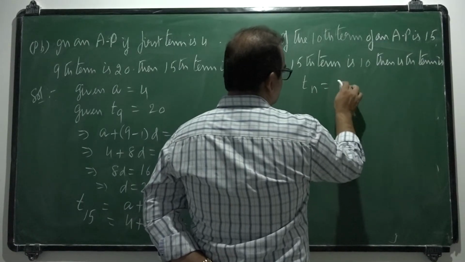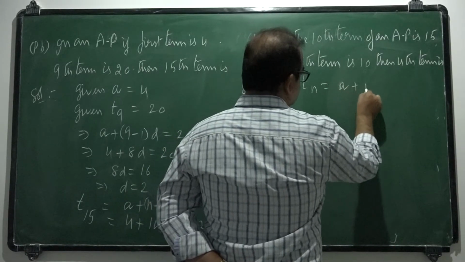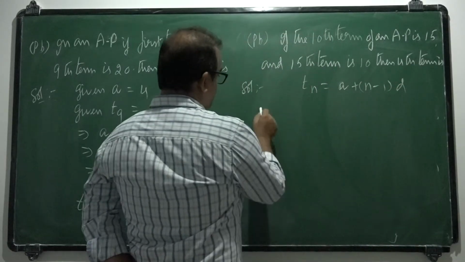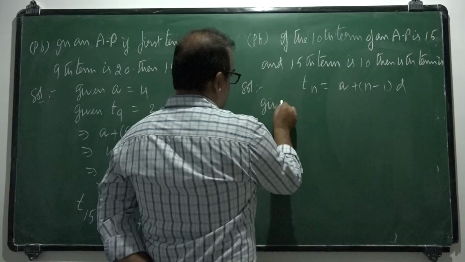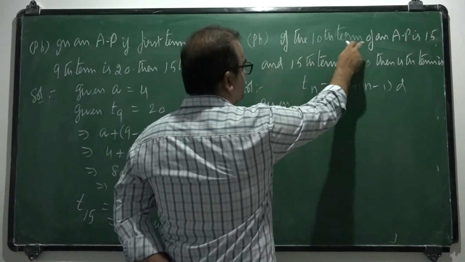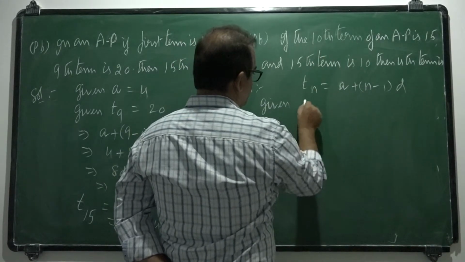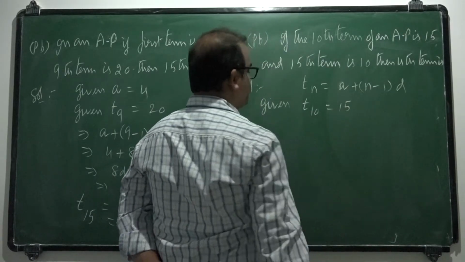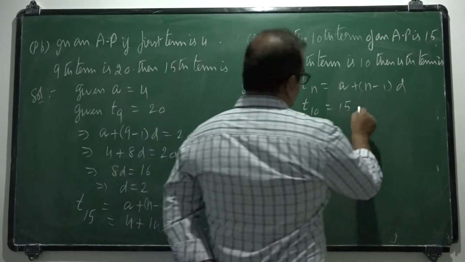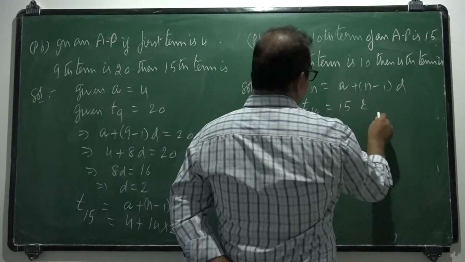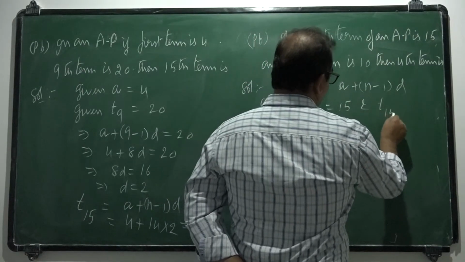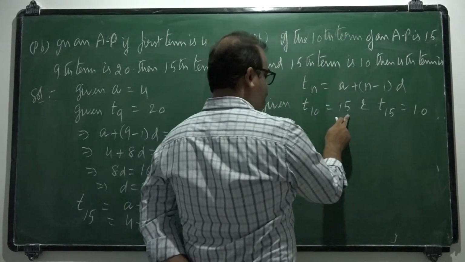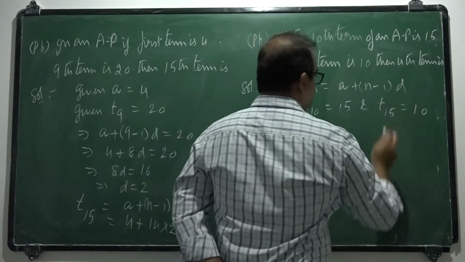Tn is equal to A plus n minus 1 into D. 10th term is given. 10th term is 15. Given T10 is equal to 15. And 15th term is 10. T15 is equal to 10.